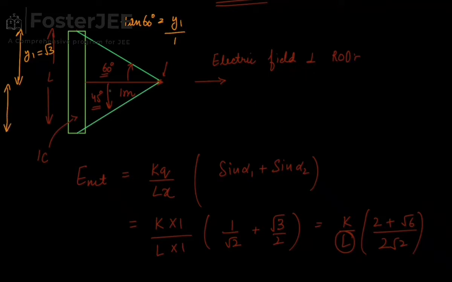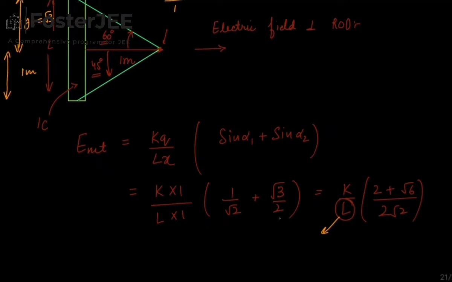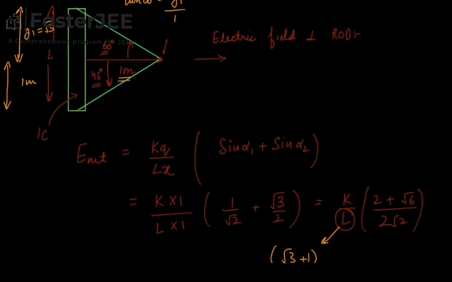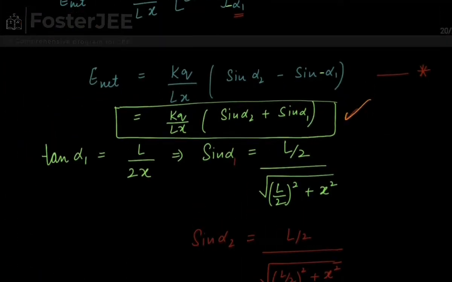This is 1. The value of tan 45 is 1. So we can put L to be root 3 plus 1. Hence we can see if we are given only the distance on which electric field is calculated and the angles, we can simply use this expression and formulate our electric field.